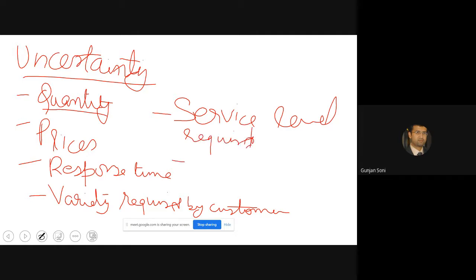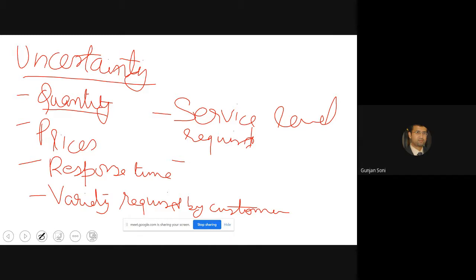Actually, this is a different concept which you probably are not aware of. Let's say I place an order for 1000 items, but I get 800. So my service level in this case is 0.8, or 80%. Some customers may be more tolerant to variation in the service level, and some may not be that tolerant.